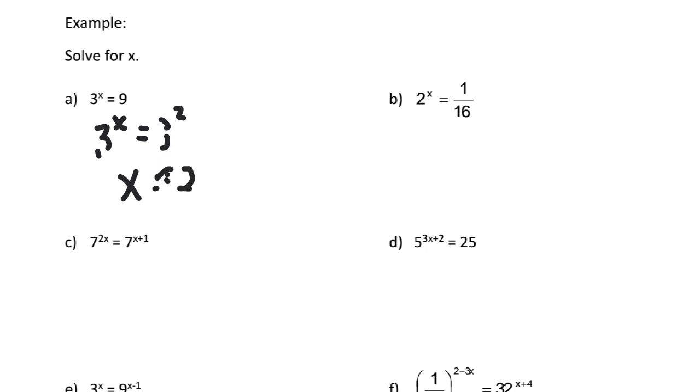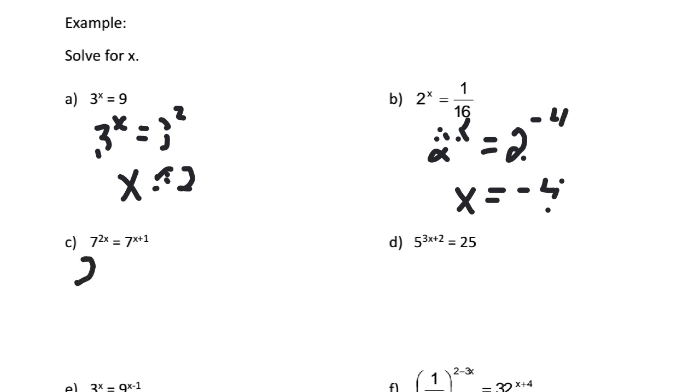The next one, I know that 2 to the fourth is 16, but that would give me 1 over 2 to the fourth. But if I make it 2 to the x equals 2 to the negative 4, then x equals negative 4.